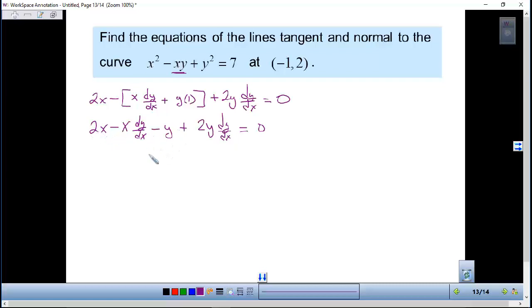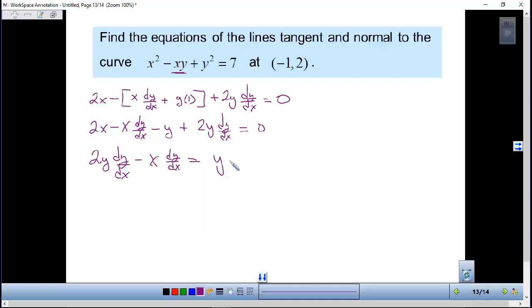So let's move everything that does not have a dy/dx to the other side. I'm going to rearrange these while I'm at it, and put the positive out front. So I get 2y dy/dx, that positive term that has the dy/dx, minus the negative term that has the dy/dx, x dy/dx, equals, and when I move these over, the 2x is going to become negative and the y is going to become positive.